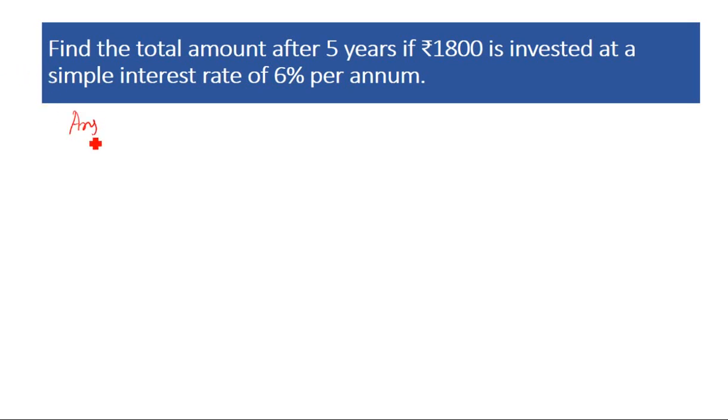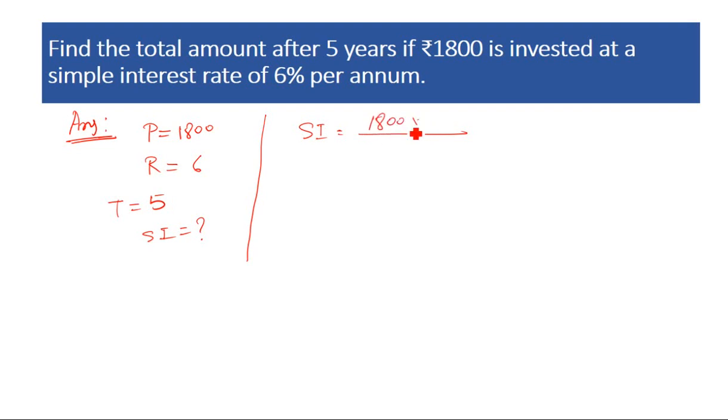Find the total amount after 5 years if 1800 is invested at a simple interest rate of 6% per annum. P is equal to 1800, R is equal to 6, T is equal to 5. SI is equal to 1800 into 6 into 5 by 100.